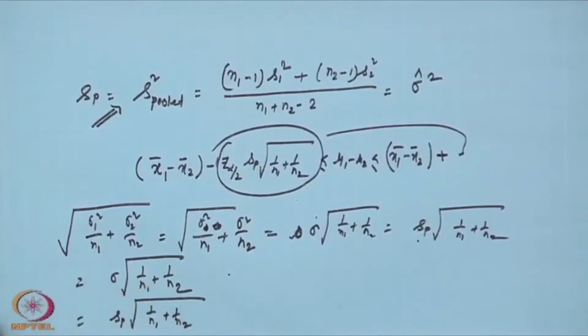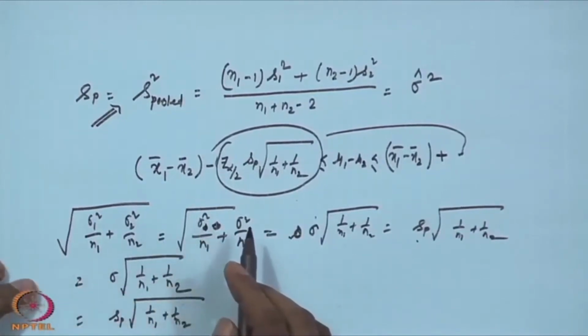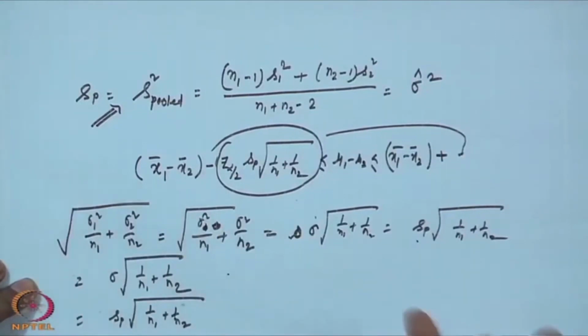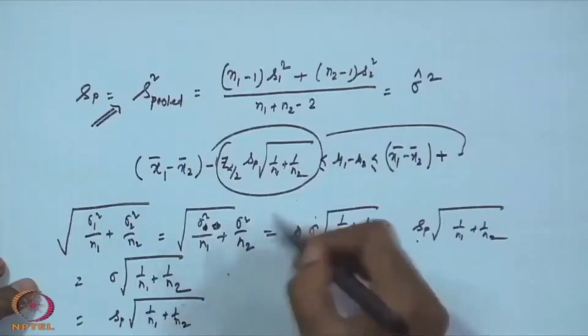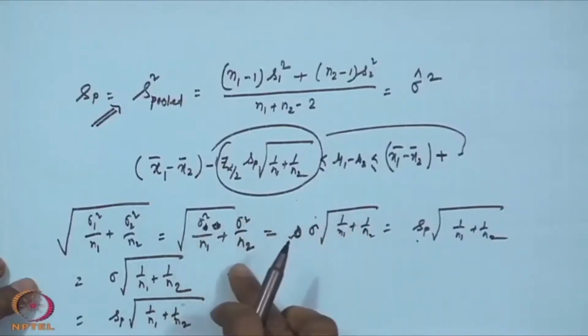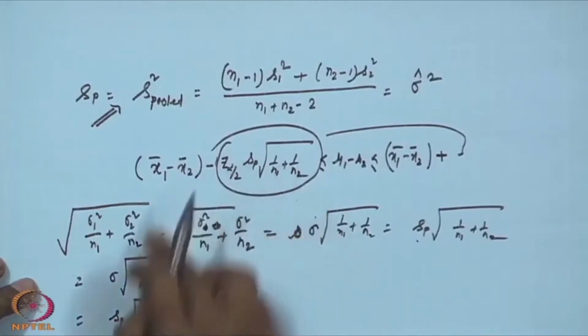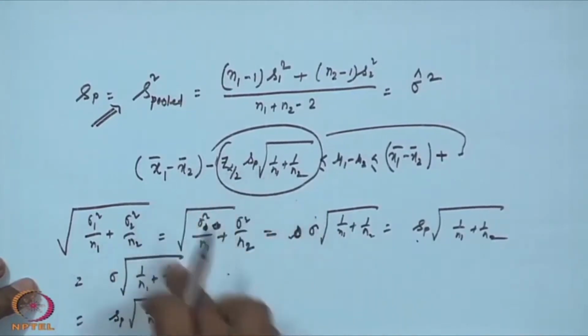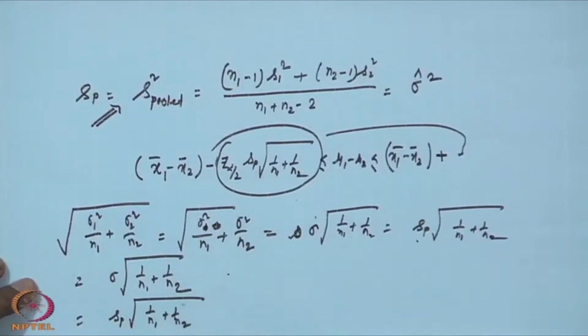Okay. And in most of the cases, knowing sigma 1 and sigma 2, the population variance, is not possible, and then you will be using S1 and S2. But if you use the variability formula S1 square by N1 plus S2 square by N2, it is better only if your sample size is large.